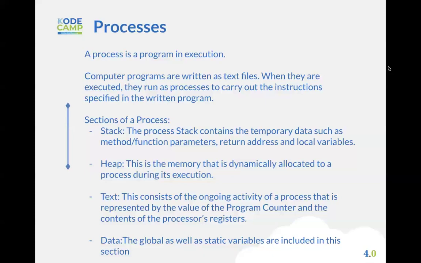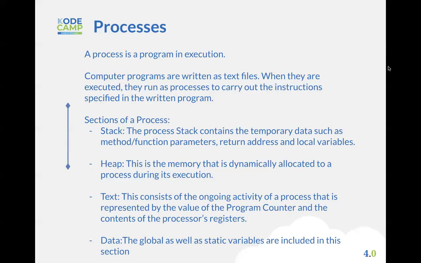And there are different sections of a running process. We have the stack, which contains the data and the functions, the methods, the return address, and the local variables of the program as written in the program code and the file. Then you have the heap, which is the memory that is allocated dynamically.